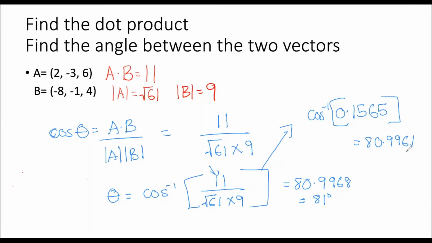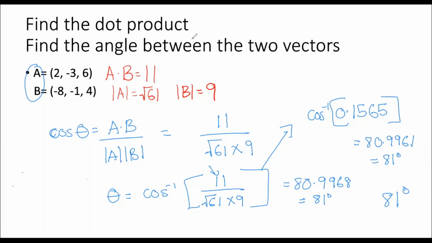I'm just showing you the difference. The difference isn't much, so it's still 81 degrees. In both cases, we have very similar answers. So the angle between these two vectors, A and B, is 81 degrees.